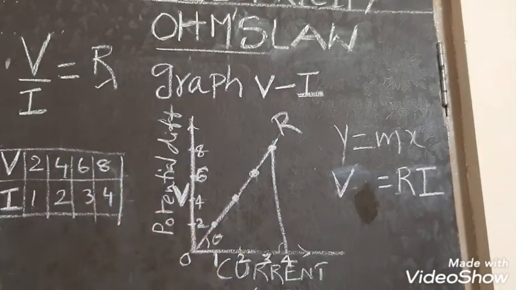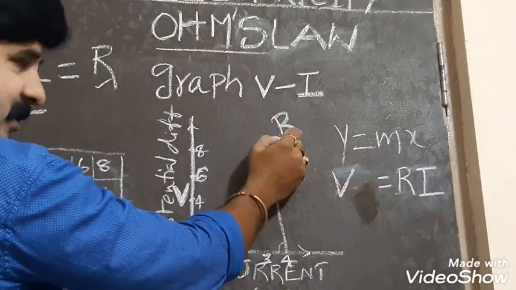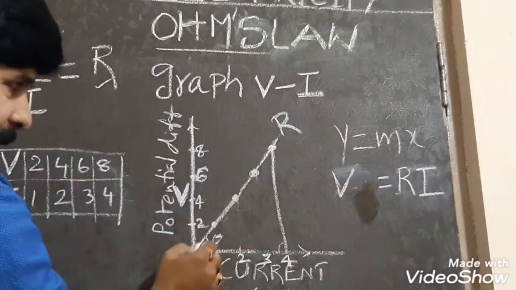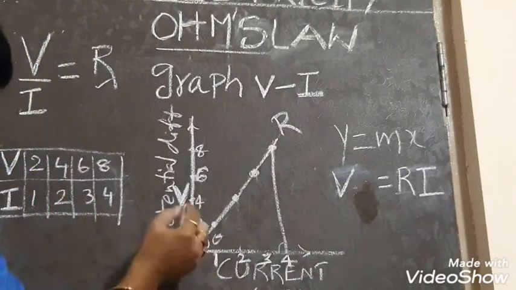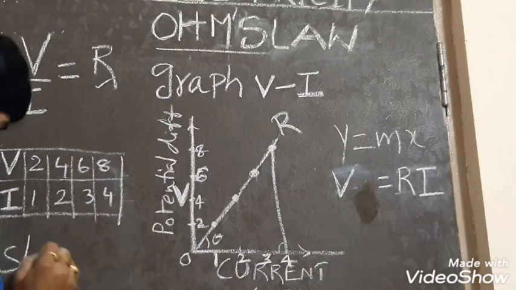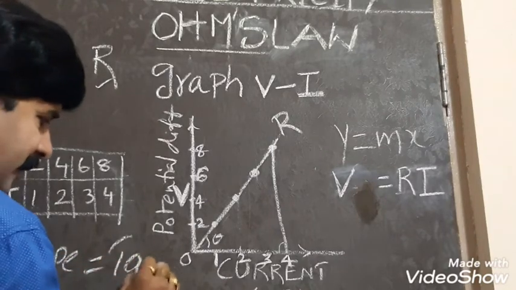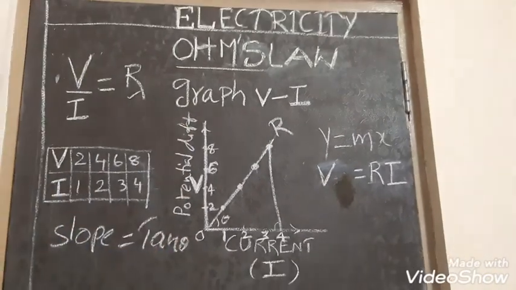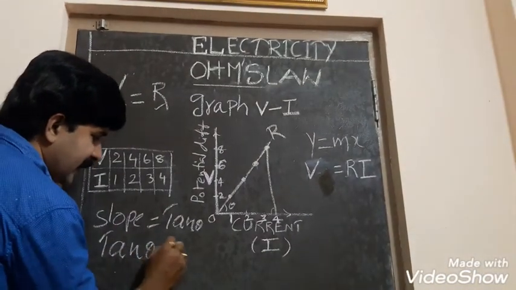Now, what is R here? R is the resistance, but R is the slope here. So, how can you take slope? Slope is always indicated by tan theta.